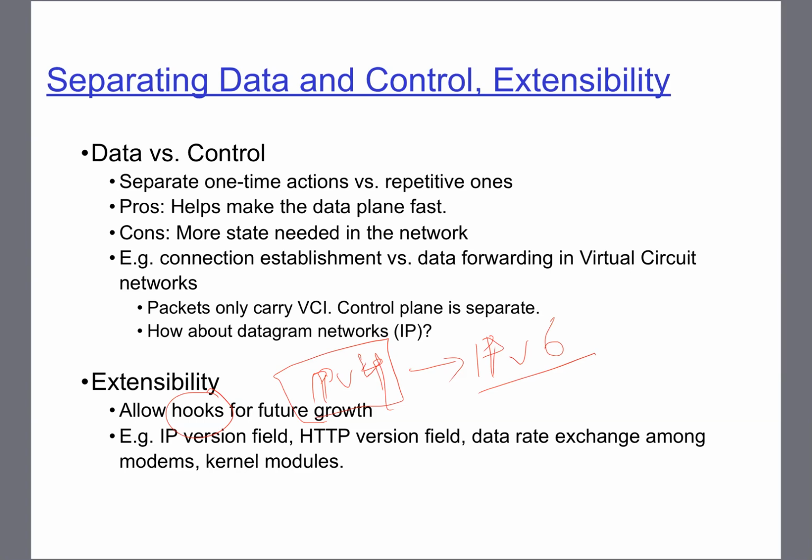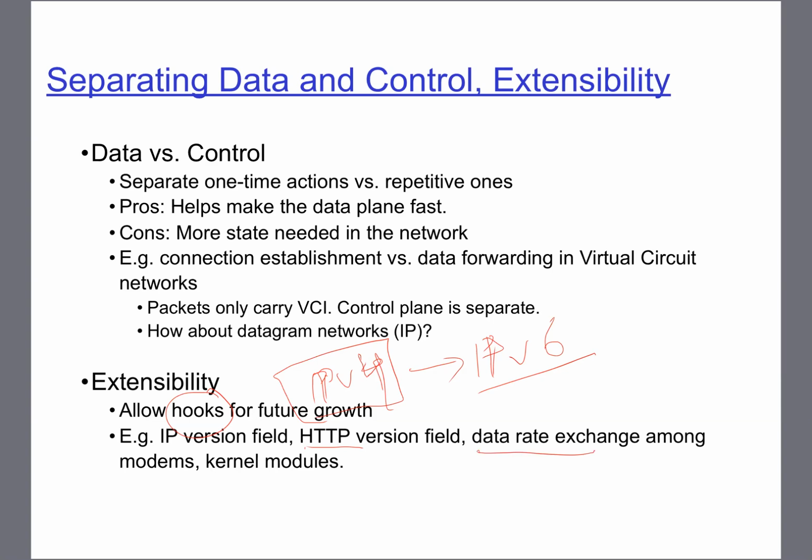Okay. And likewise, the same idea is applied for HTTP. HTTP is the protocol on which the entire web is based, but there are various versions of the HTTP protocol, and browsers have to interpret the various versions. So again, there's a version field in the corresponding HTTP documents. This is also used in modems.